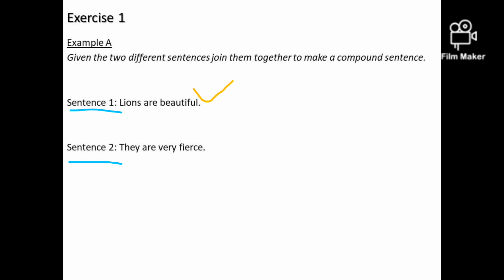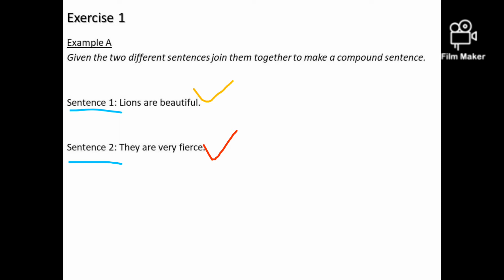Then the second sentence says they are very fierce. So now we are given two different or separate sentences.